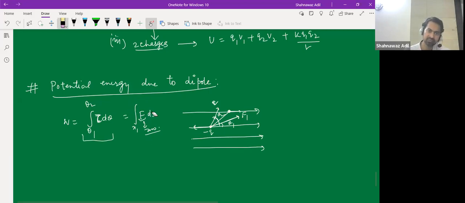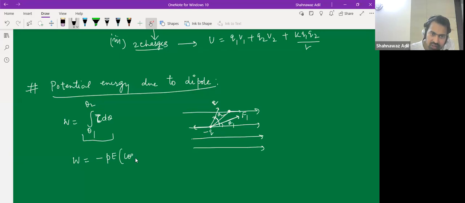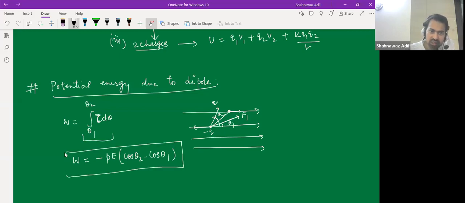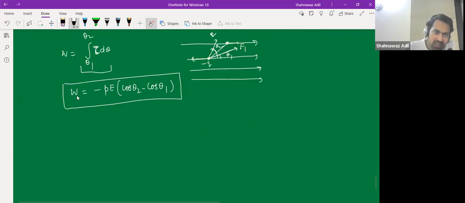So when we calculate this out, we get work done which is minus pE (cos theta 2 minus cos theta 1), right? This is the work done in moving the dipole from theta 1 to theta 2, and similarly, this is the change in potential energy.